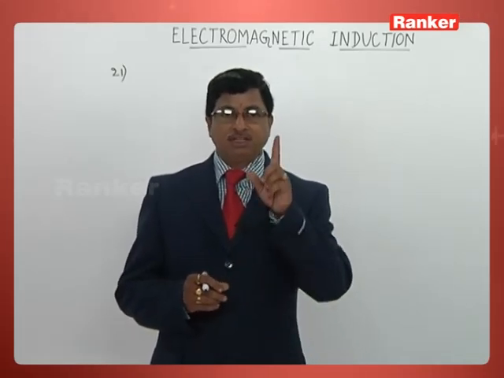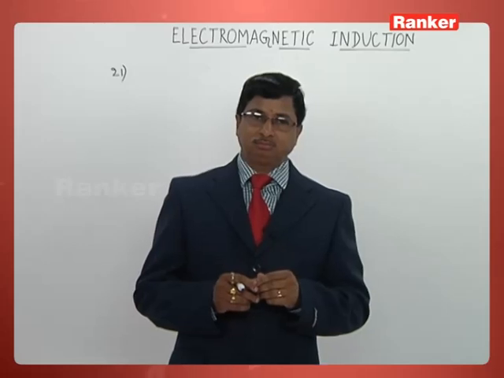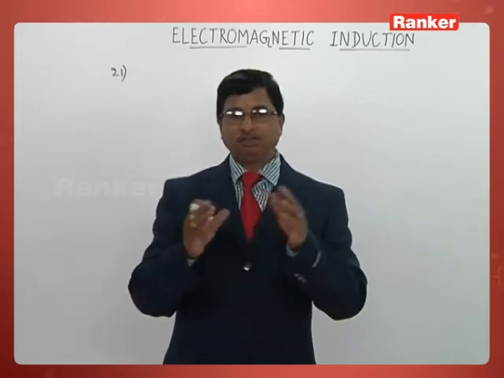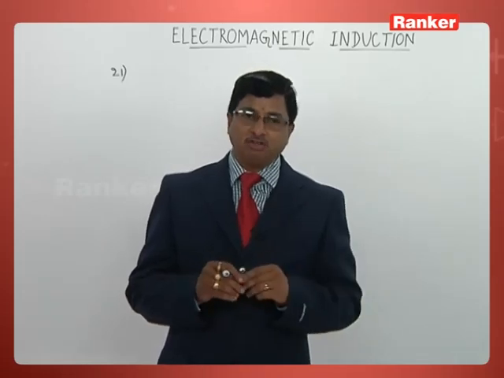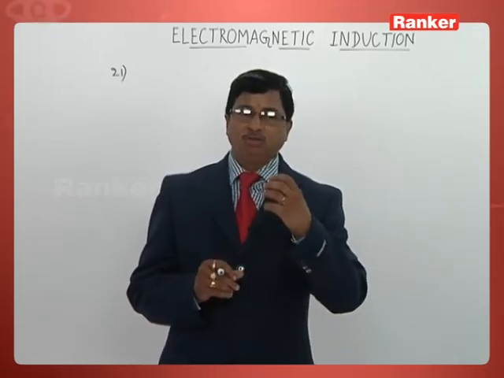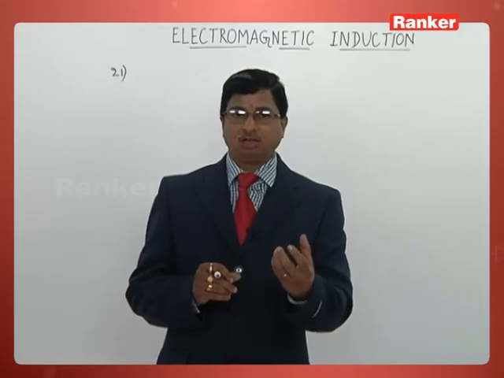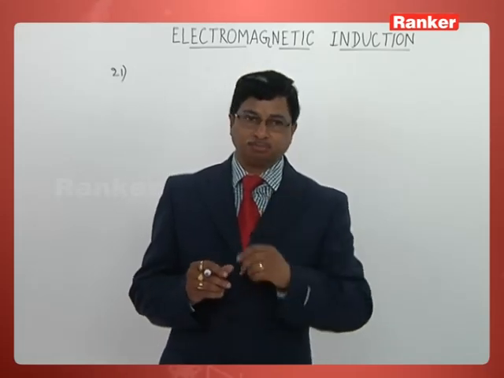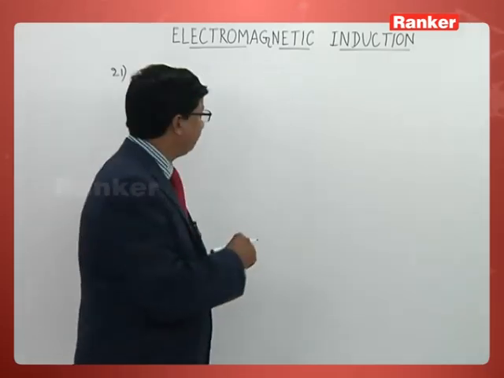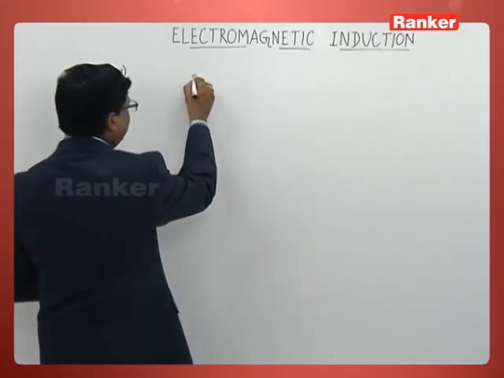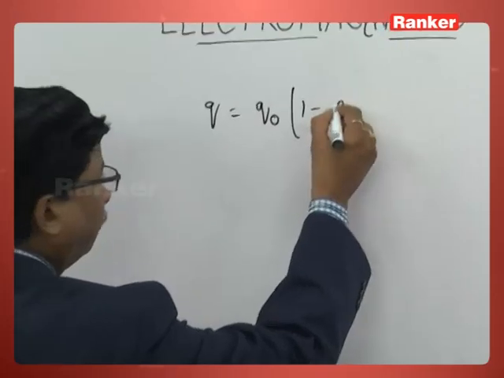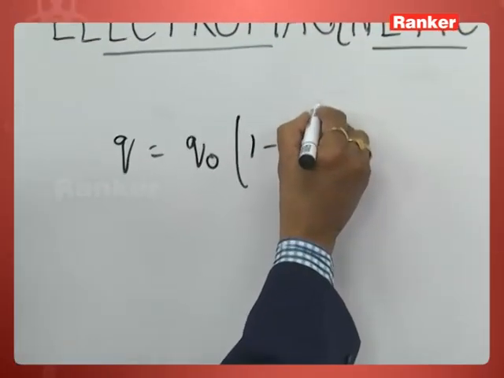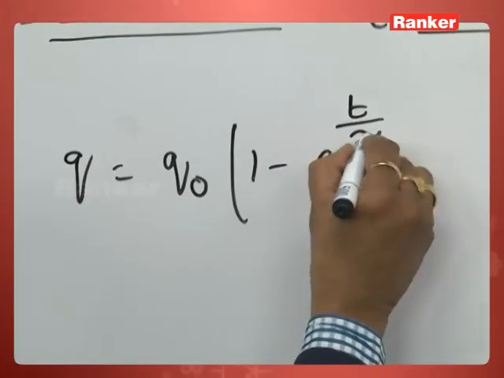It is a CR circuit, a capacitor and resistance combination. In that combination, we know how to write the charge that is growing in the system in the form of a formula. We know well Q is equal to Q naught into 1 minus e power minus T by tau.